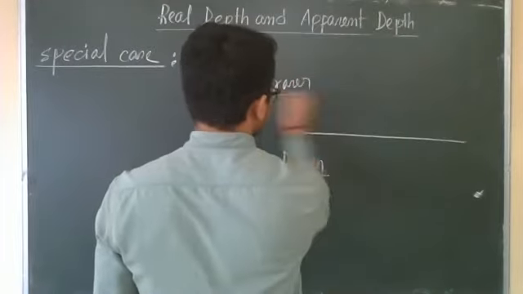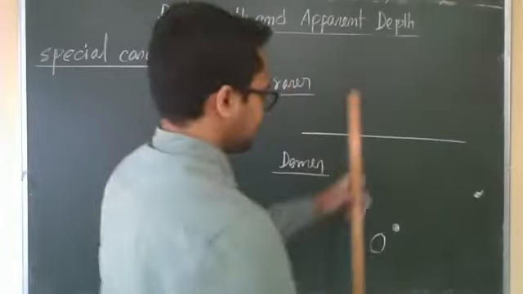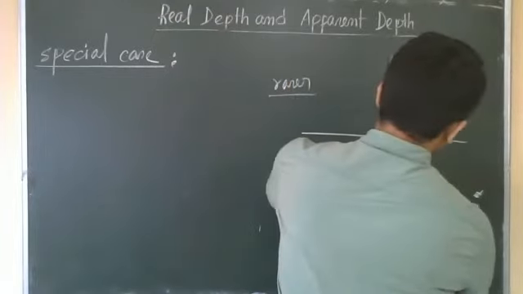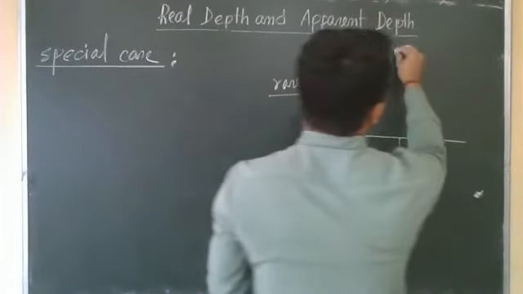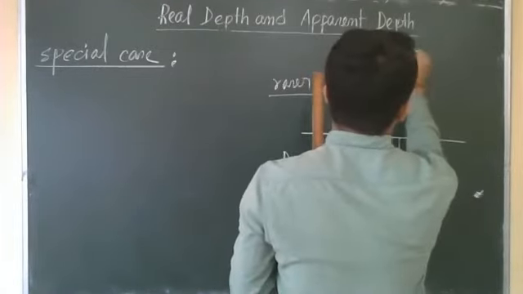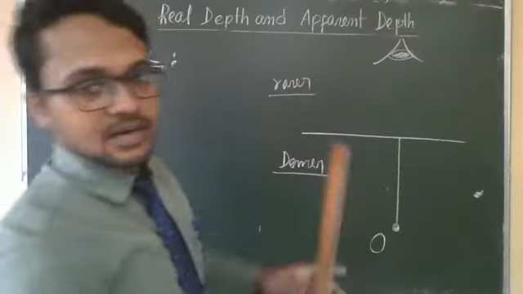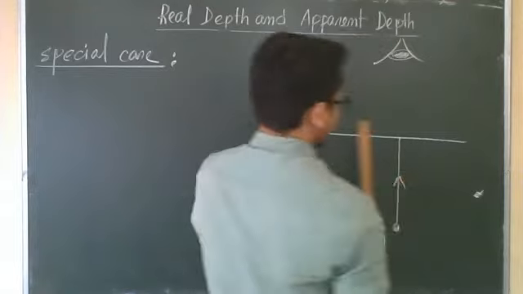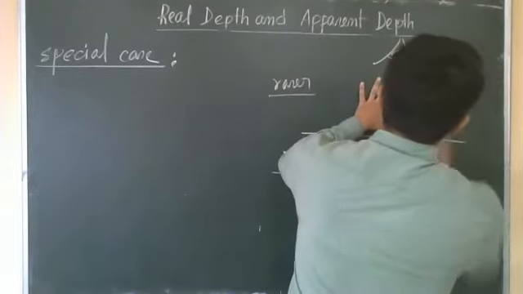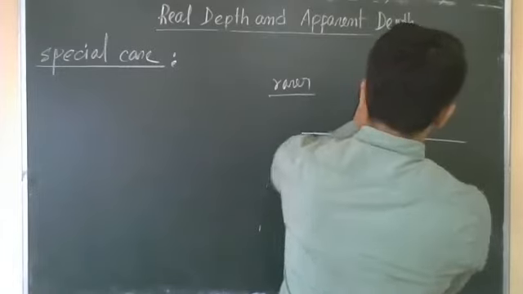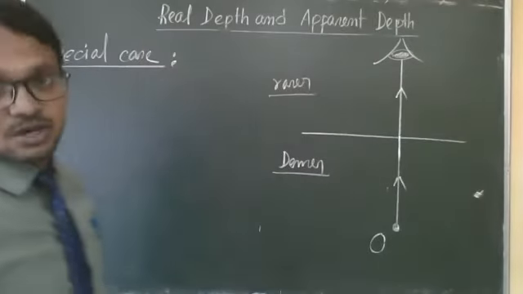The object O is here. The ray is going in this way, and we are seeing the object from the point vertically above. Then what will happen? The ray will go along the normal, and without any deviation the ray will reach our eye.